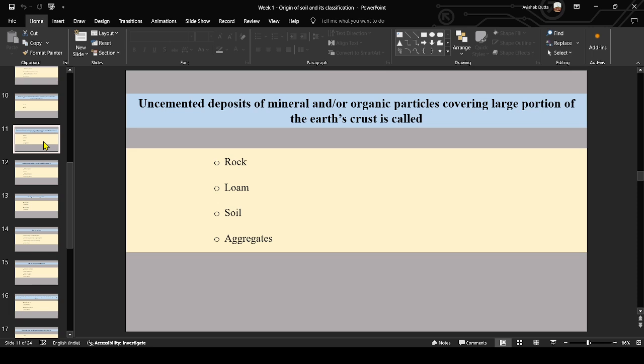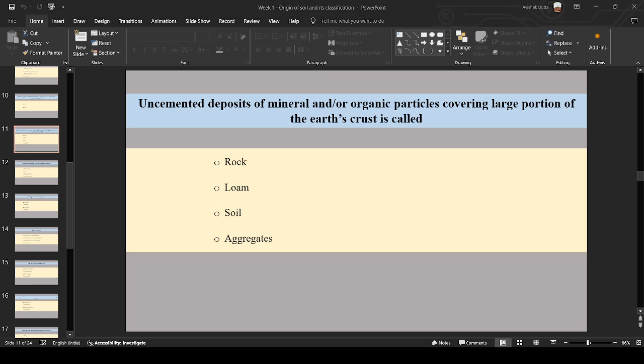The options are rock, loam, soil, or aggregates.